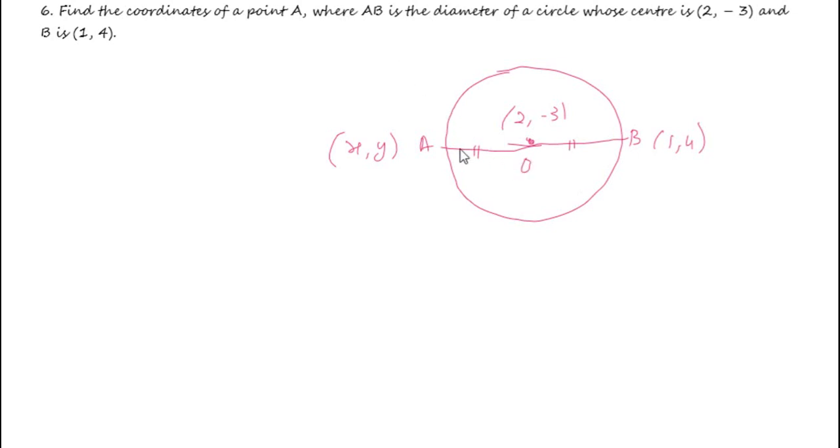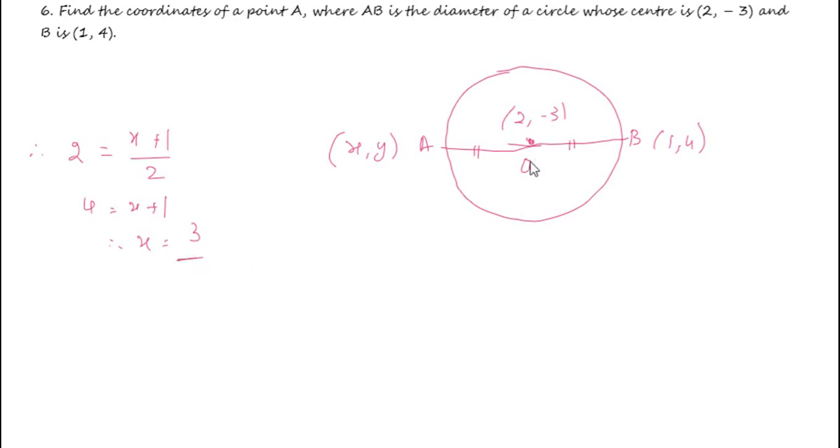O is the midpoint of A and B, therefore the x coordinate 2, that is the x coordinate of the midpoint, is equal to (x1 plus x2) divided by 2, that is (x plus 1) divided by 2. 4 equals x plus 1, therefore x equals 3.